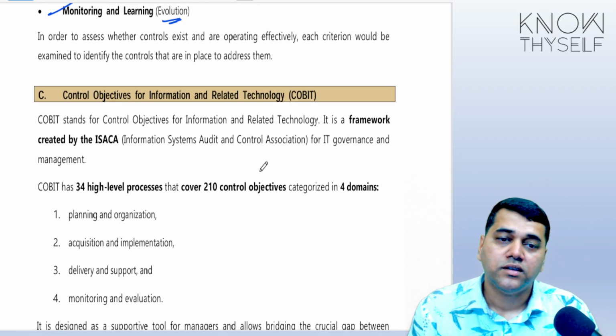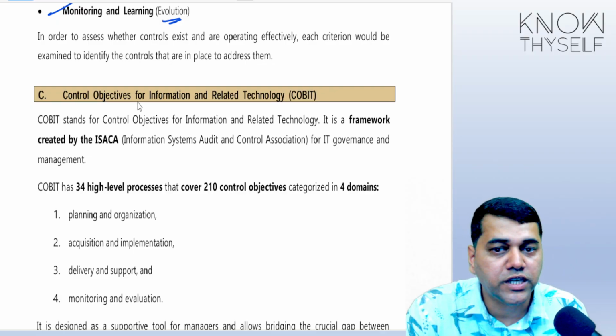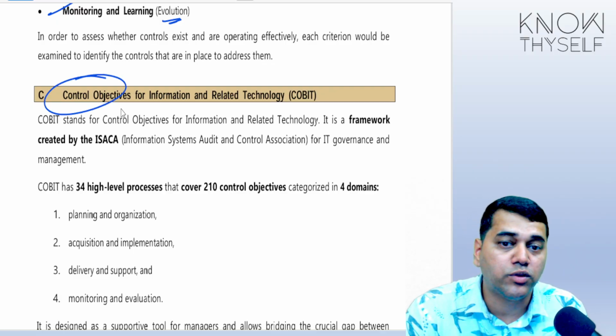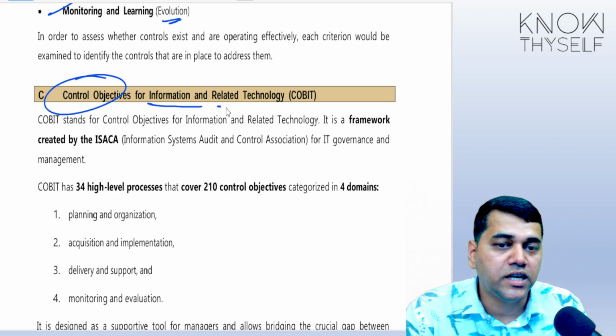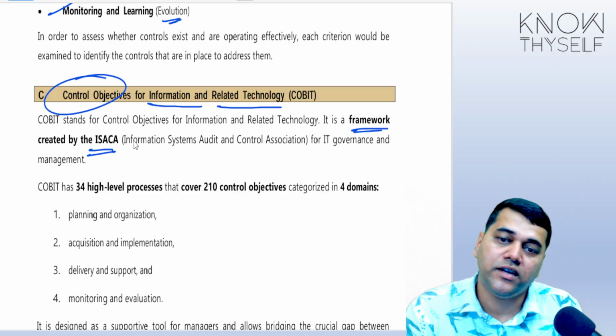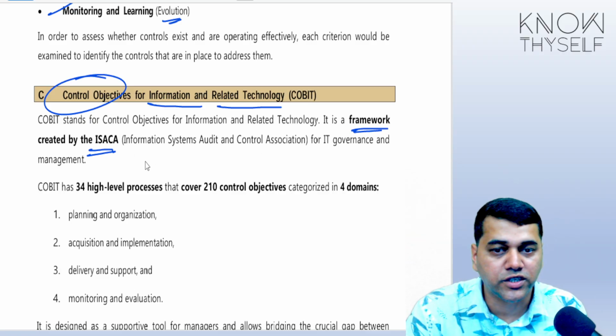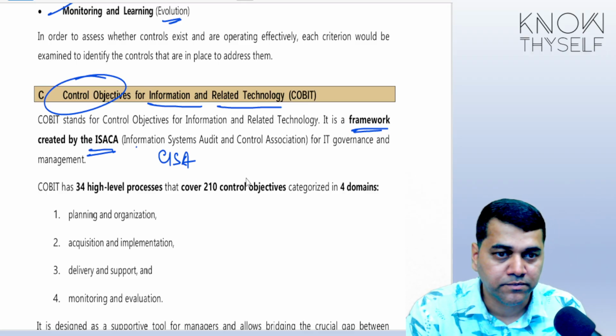Then somewhere we came across another criteria called COBIT. Control Objectives for Information and Related Technology, like why information related technology exists, like controls exist. Now this framework has been created by ISACA. ISACA is also a US-based association which gives you the CISA degree, Certified Information Systems Auditor.